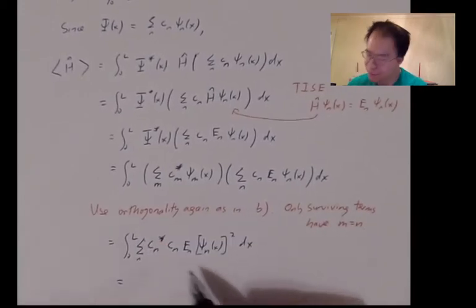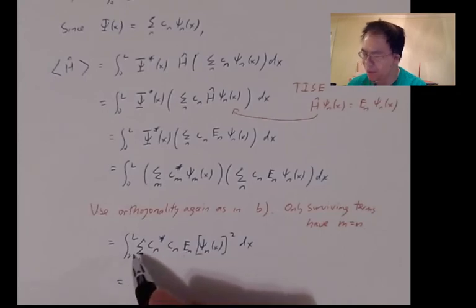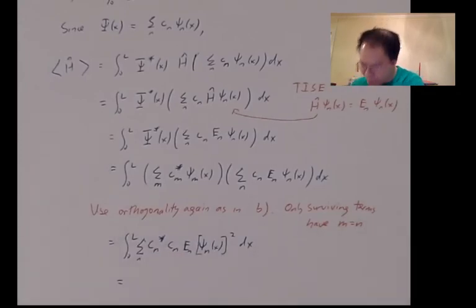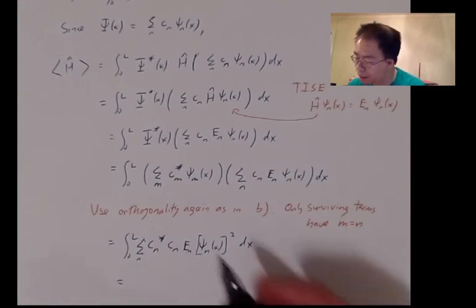And so I think you see where this goes, right? I can pull all the constants, I can take the integral inside the summation, which I probably should have written that way in the first place. I can factor out the constants that don't depend on x.